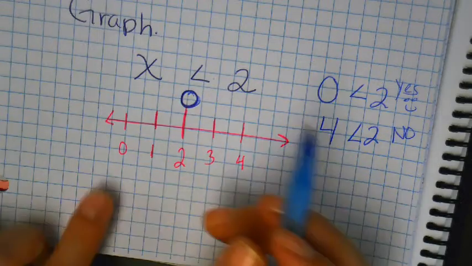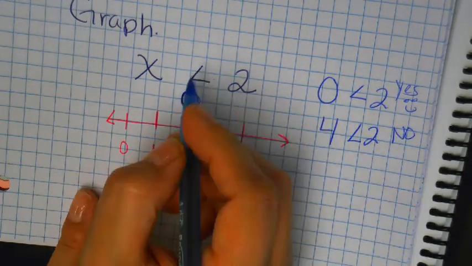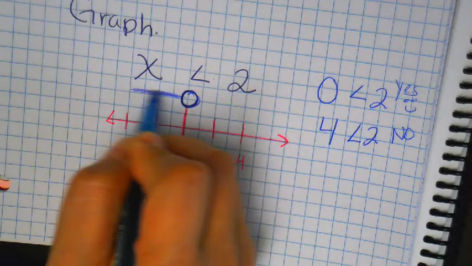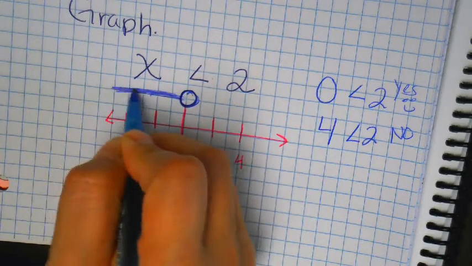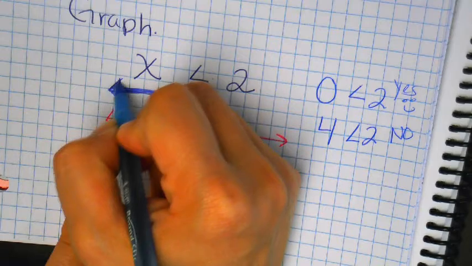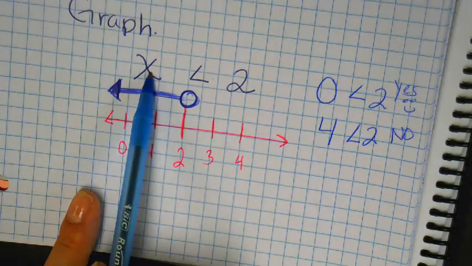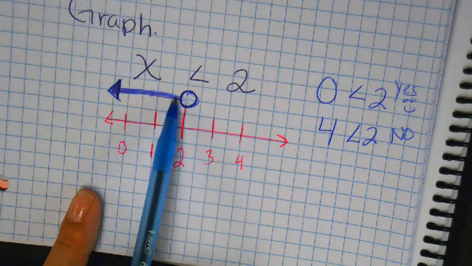So what we do when we graph is we shade in the directions where our answers are. So I'm going to shade in the direction of 0 because 0 is a yes. So we literally, with our pencil, shade this way. And then we add an arrow letting you know that my answers to this inequality, x is less than 2, are the numbers on the left.